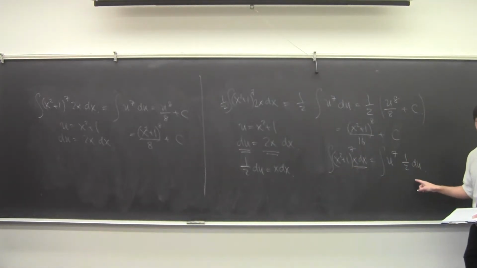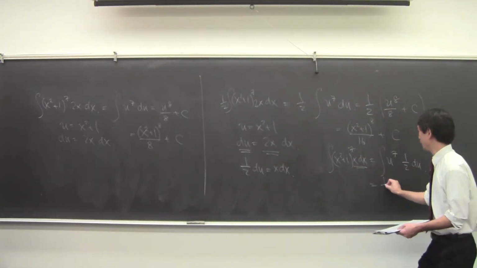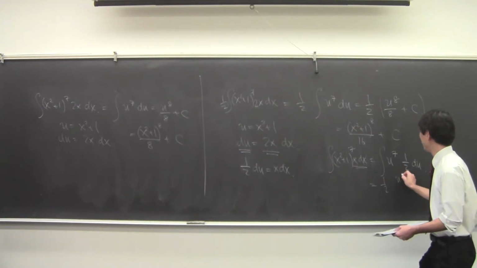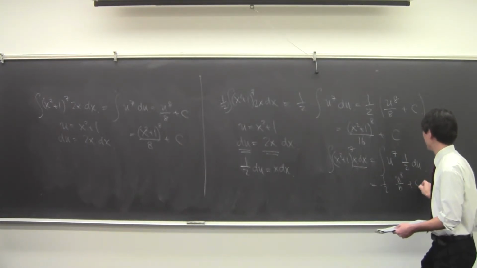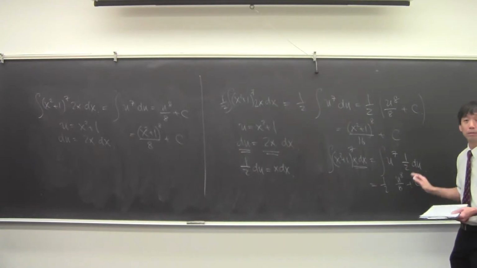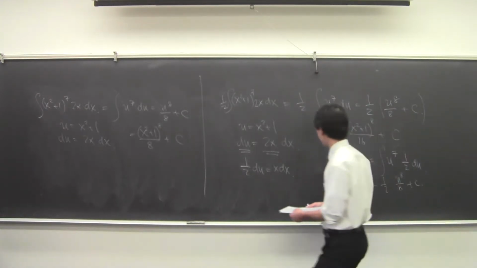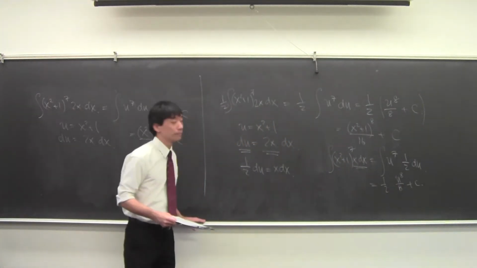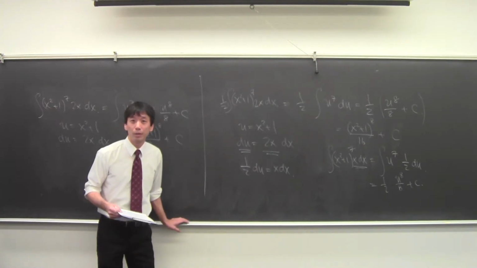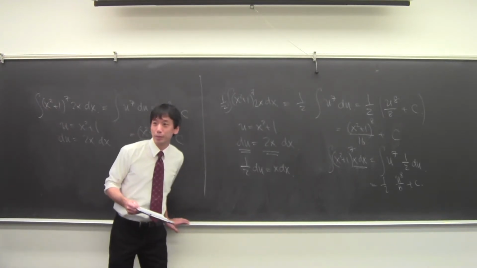Right? 1/2 du, and I get the same thing. I get 1/2, u to the 8 over 8 plus the constant. Either way, that's fine. Okay. Any questions?